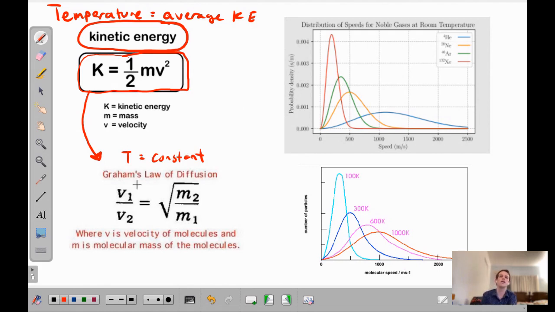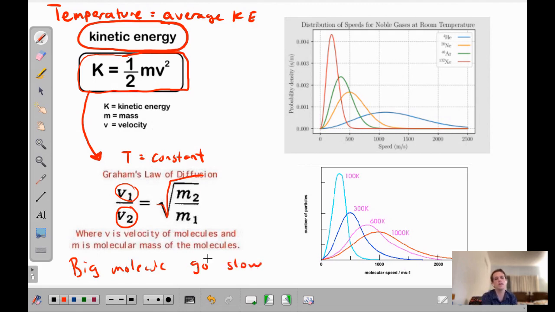And you're like, what the heck does that mean? Essentially it's saying that the rate of diffusion, so how fast a gas diffuses, which is based on the speed of the particles, the speed of one gas compared to another gas is equal to the square root of the molar mass of the second one over the molar mass of the first one. What this can be broken down to is: big molecule go slow.